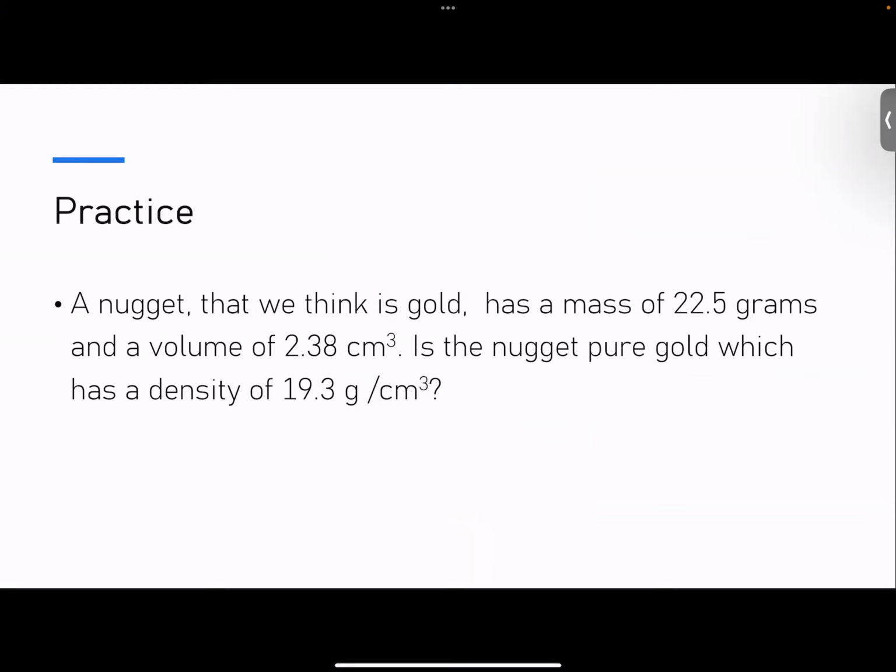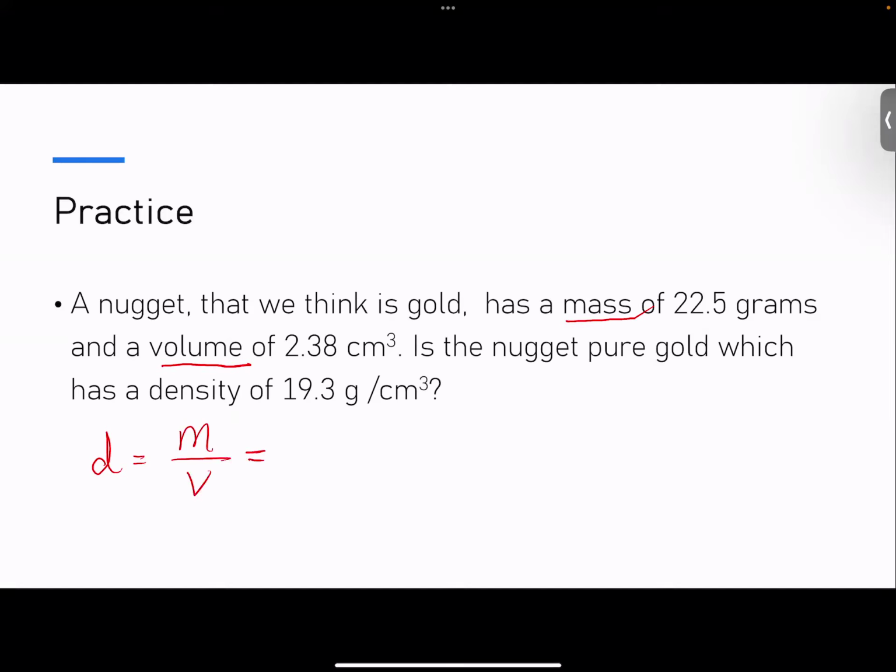A nugget that we think is gold has a mass of 22.5 grams and a volume of 2.38 centimeters cubed. Is the nugget pure gold? Pure gold has a density of 19.3 grams per centimeter cubed. What I note is I have mass and I have volume. Mass and volume means I'm going to calculate the density. Density is mass divided by volume.